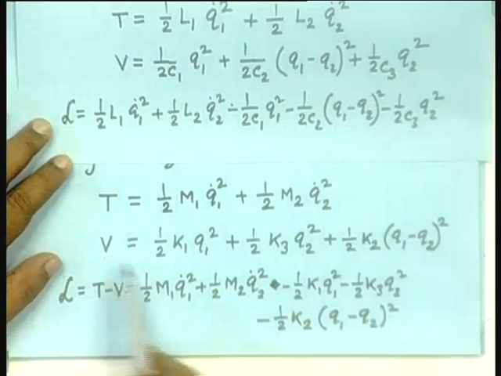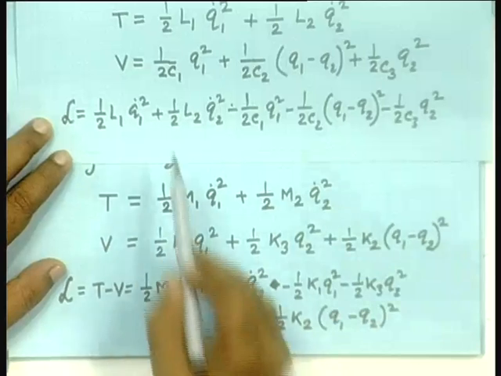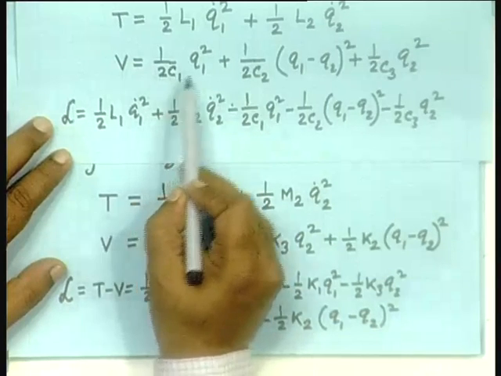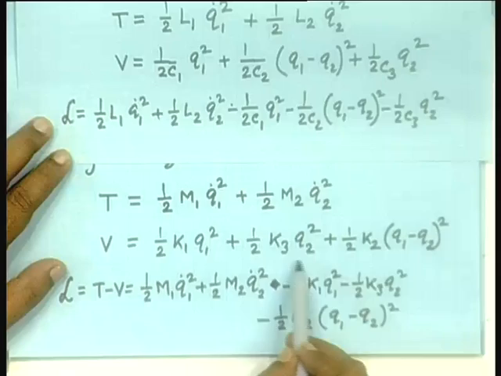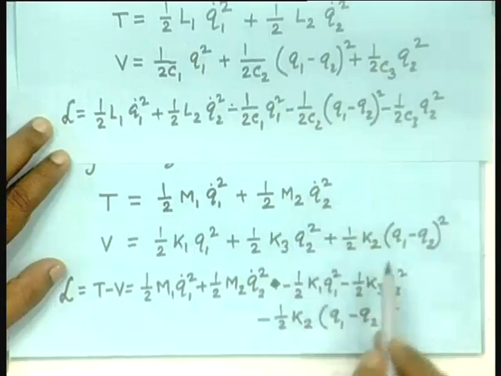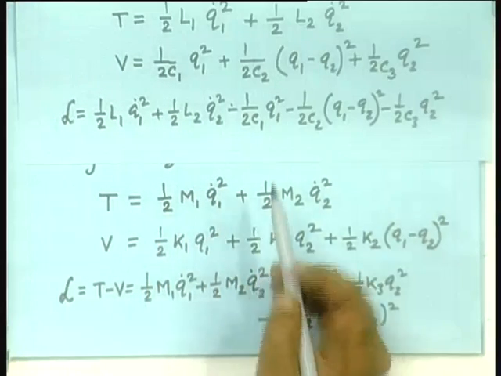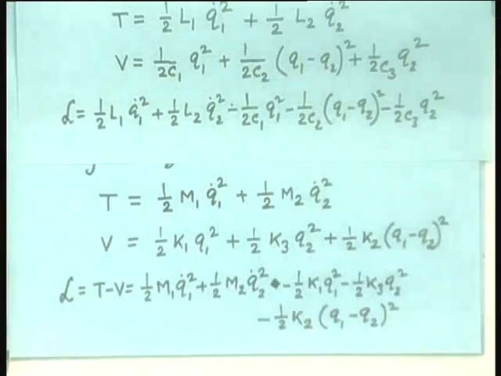V is half K1 Q1 square, 1 by 2 C1 Q1 square, half K3 Q2 square, 1 by 2 C3 Q2 square, exactly the same, only K1 is equivalent to 1 by C1, K2 is equivalent to 1 by C2 and all that.